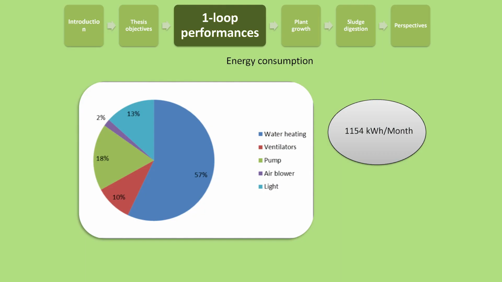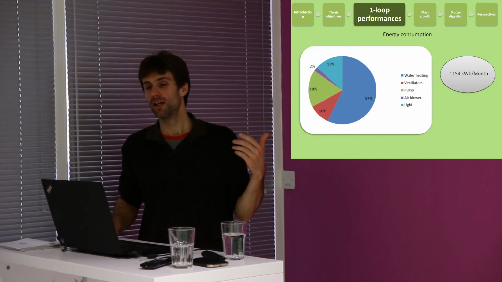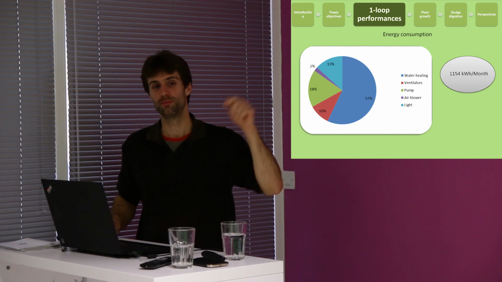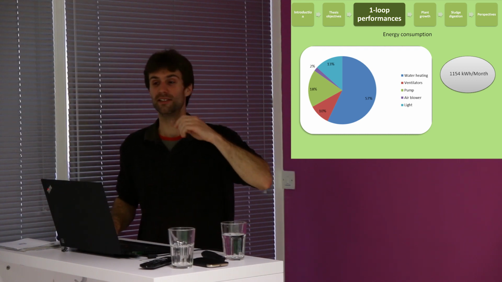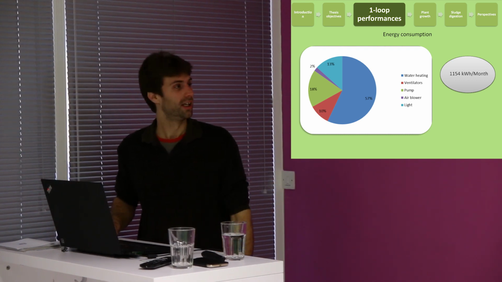perfect on that side. About the energy consumption, that was pretty simple. Almost 60% was used just to warm the water. We used tilapia, and we just used electric heaters, like aquarium heaters. So you can see that it's 60% of the energy.